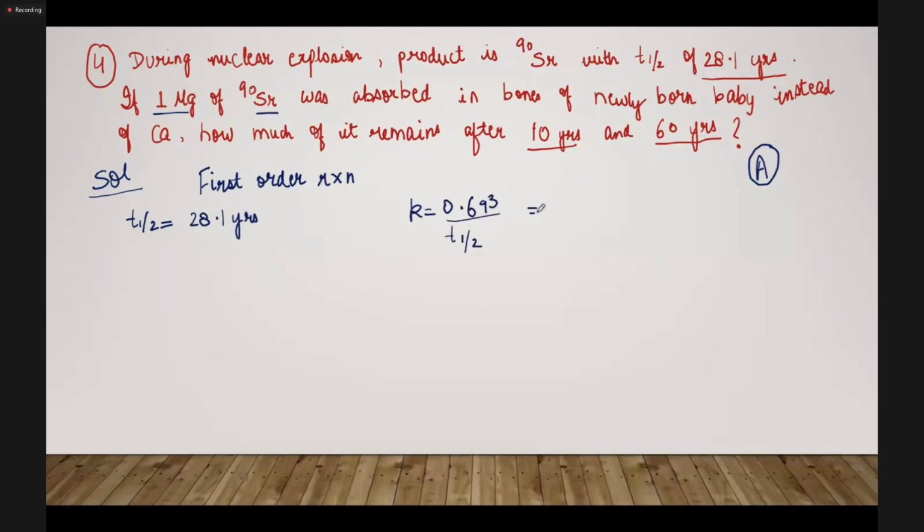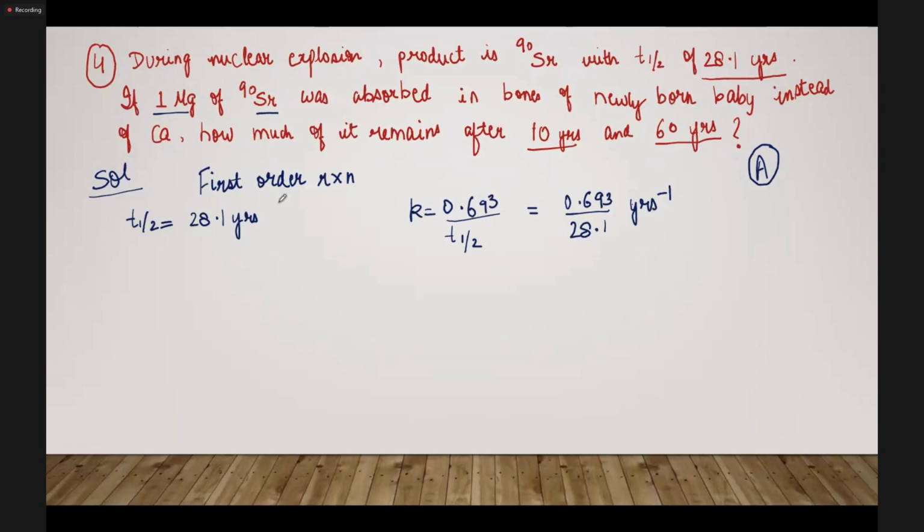So on putting the values, 0.693 by 28.1 years, and the unit would be years negative 1. Okay, so this is the value of K that we will be using in this question.